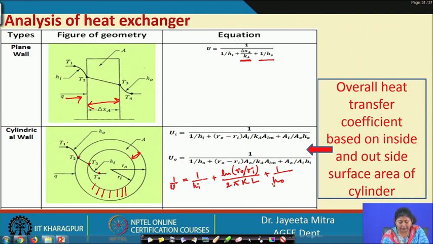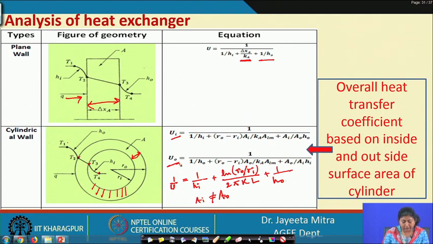Now, if A I is not equal to A O, that is, there is a significant thickness of the heat exchange surface, at that time we can either define the overall heat transfer coefficient based on the inside surface area, or we can express it based on the outside surface area.